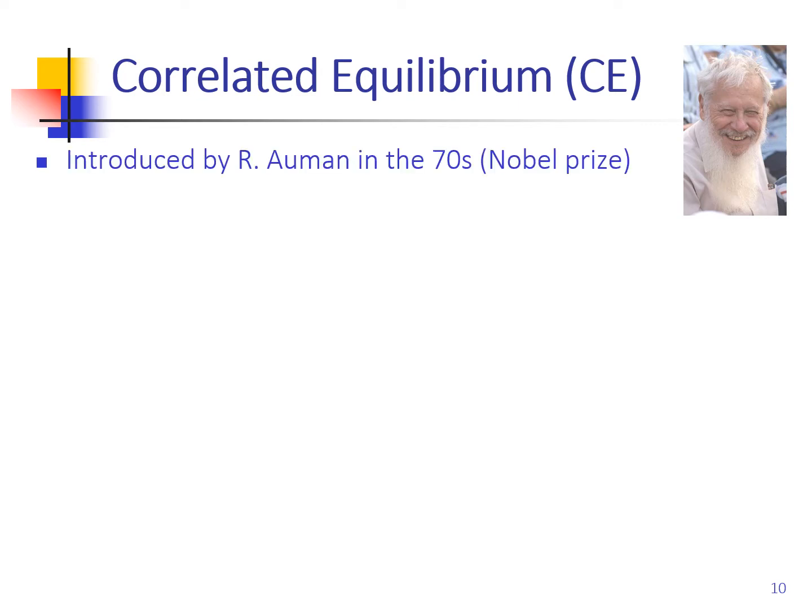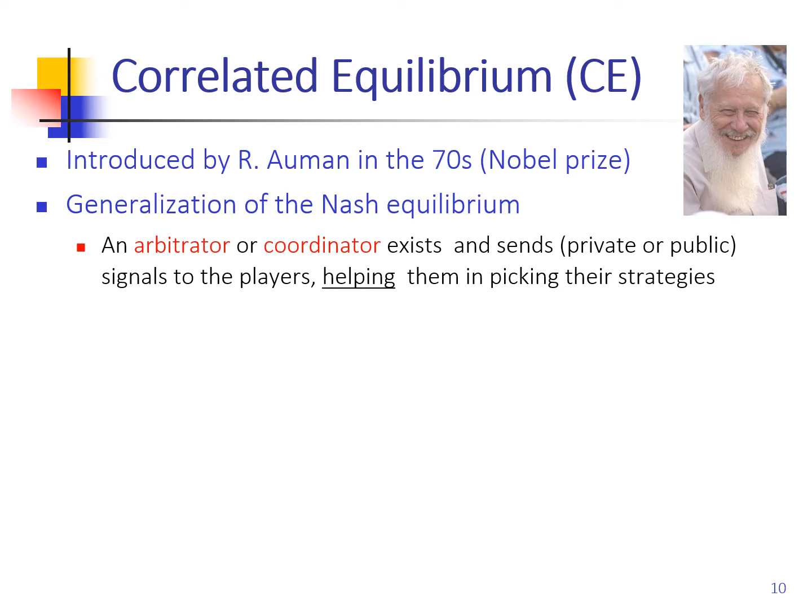Correlated equilibria was introduced by Robert Aumann in the 70s, for which he got the Nobel Prize. Essentially, he wanted to generalize the notion of Nash equilibrium. If you remember from last lecture, one of the assumptions of a Nash equilibrium, when you look at the definition, is that the joint probability distribution over the actions of all the agents is factorized into independent distributions, one per agent.